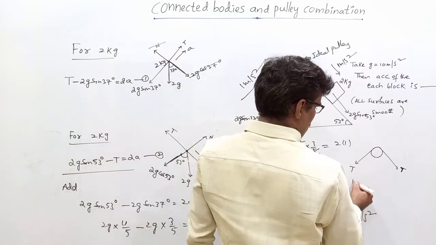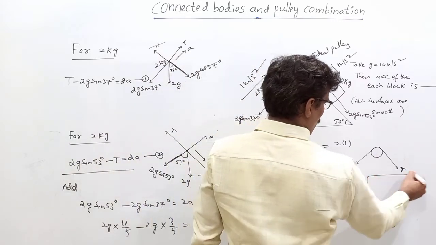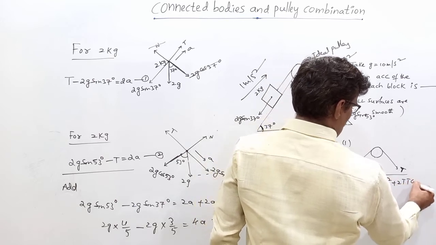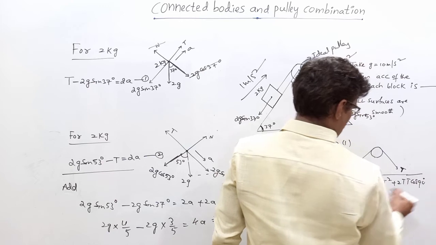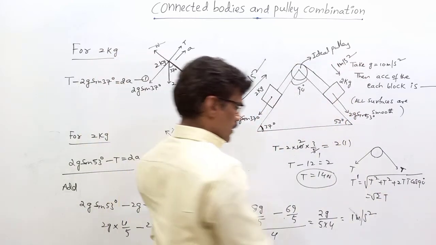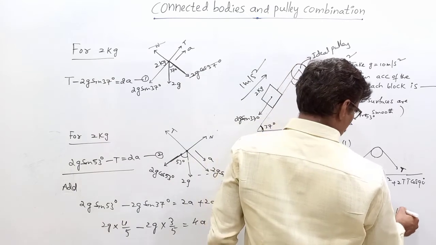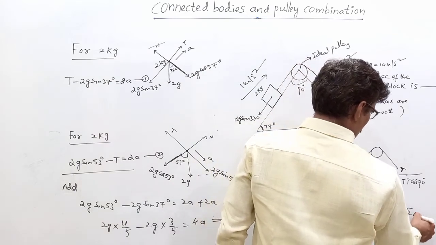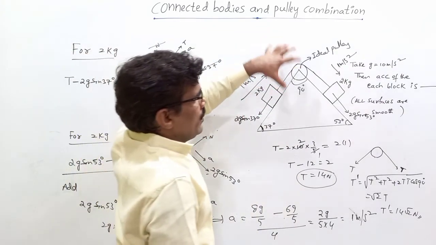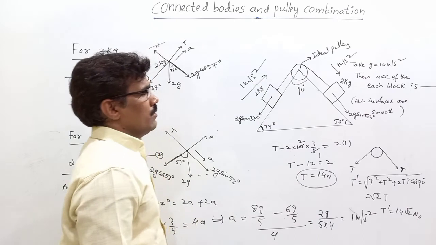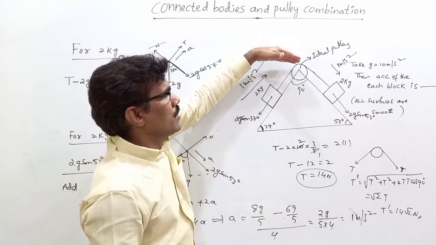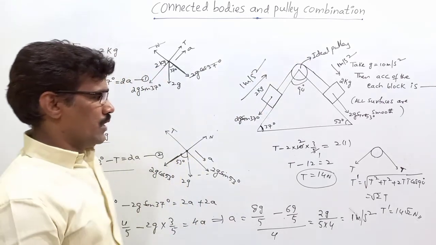So T dash acting on the pulley equals root over T squared plus T squared plus 2TT cos 90. Cos 90 is 0, which gives root 2 T. So T dash equals 14 root 2 Newton, the thrust on the pulley. Okay, write it.